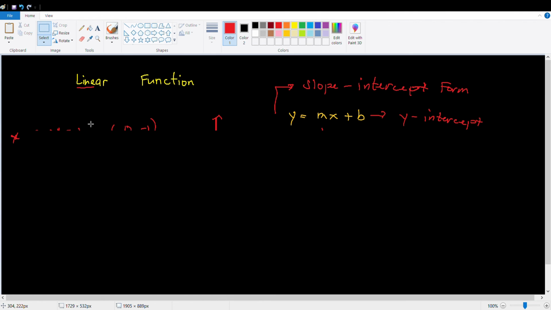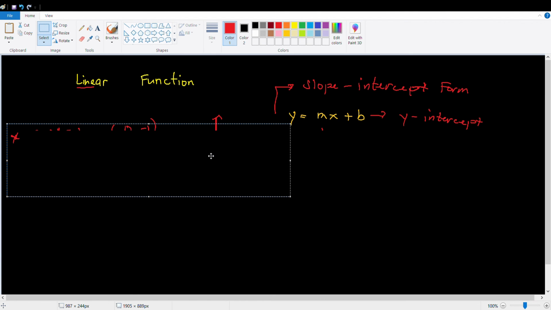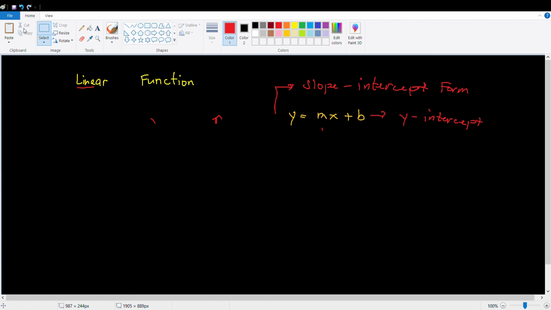So now, what if we have this equation: y is equal to 2x plus 1? How are we going to graph this?